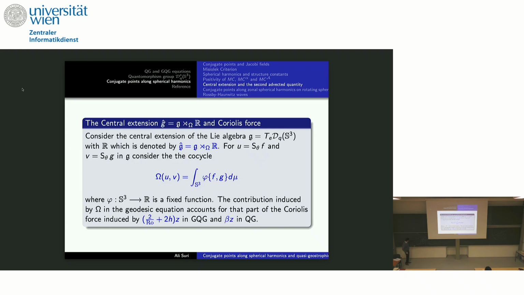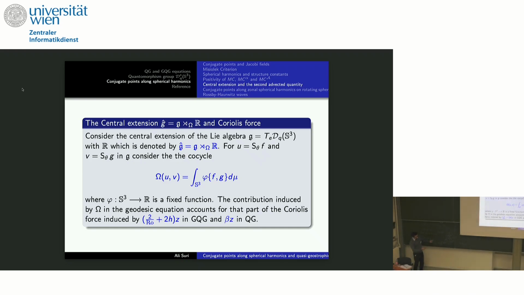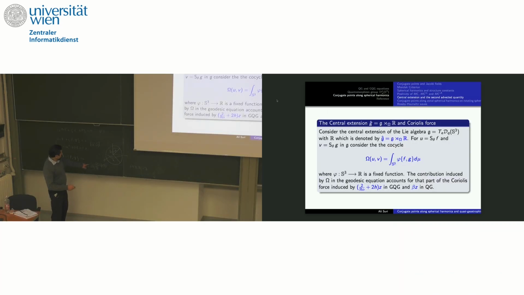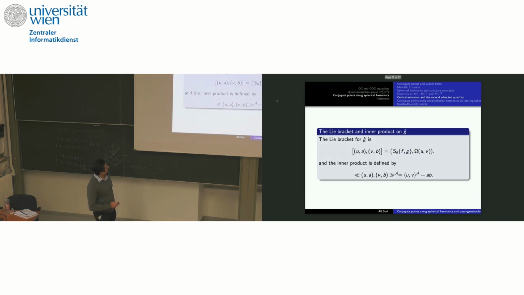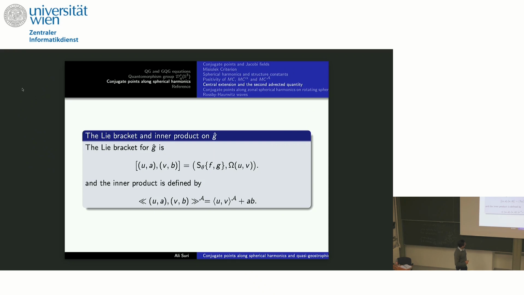Specifically, we consider this function for global quasi-geostrophic and this beta times Z for the quasi-geostrophic setting, and then we end up using this new bracket. We use the cocycle omega and also this orthogonal product on the extended space.